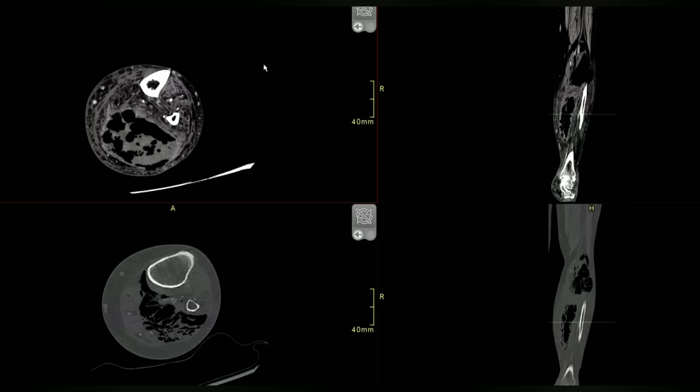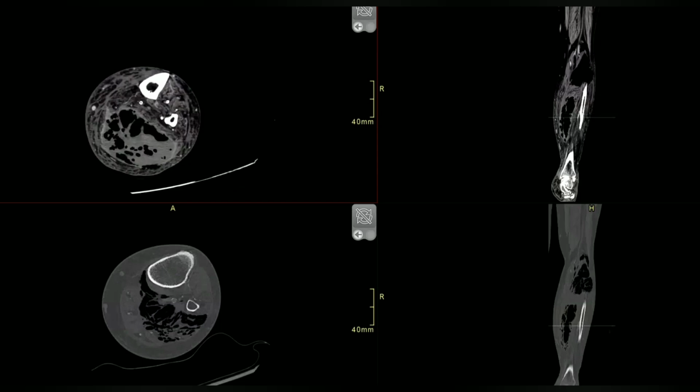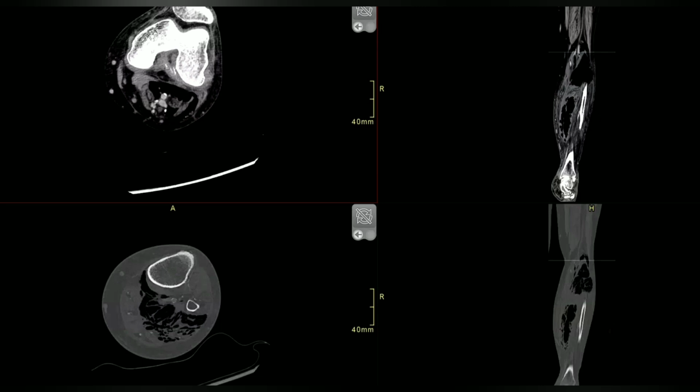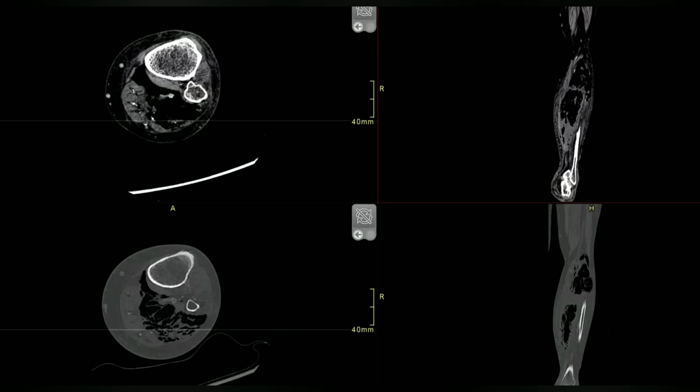In the axial sections of CT scan post contrast images, I can well appreciate that there is extensive soft tissue swelling with internal lucencies which were seen on the X-ray, and on a bone window the visualized sections of the bones, tibia and fibula, appear unremarkable.